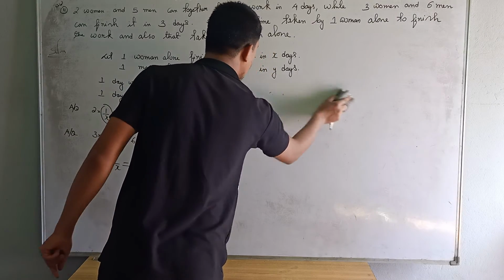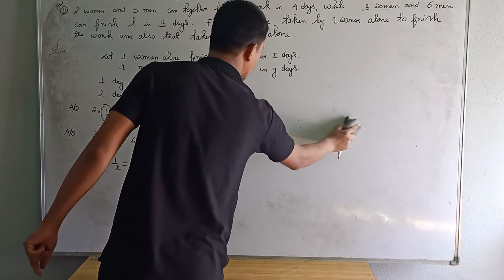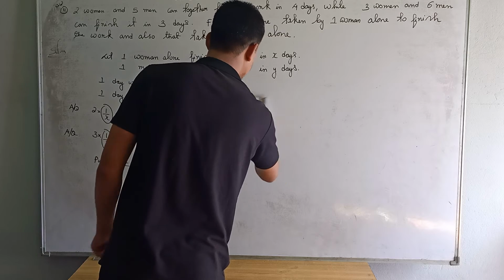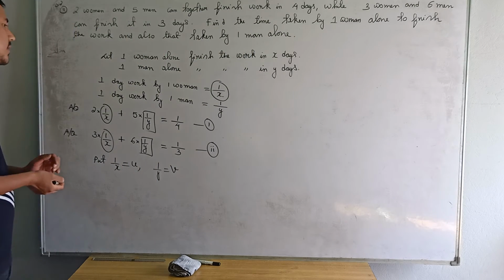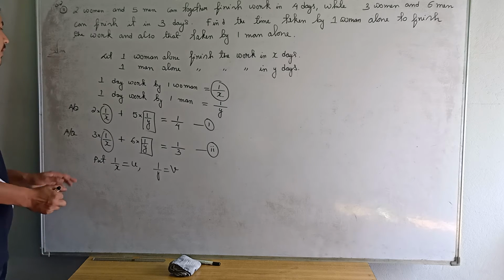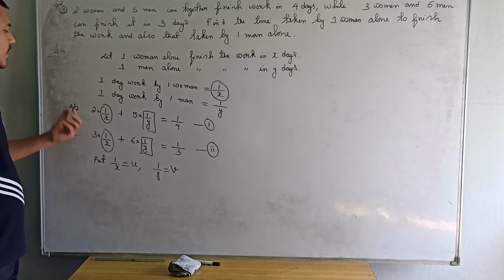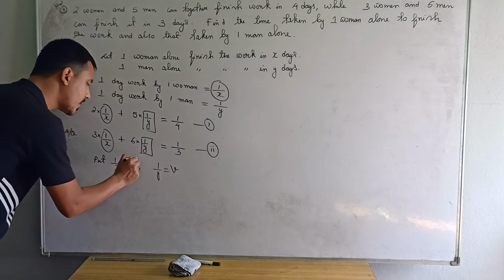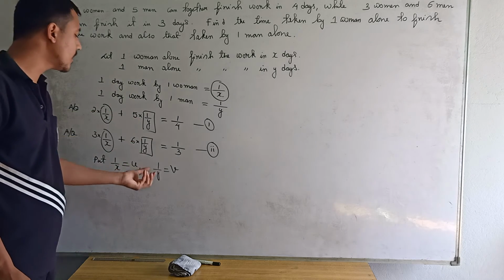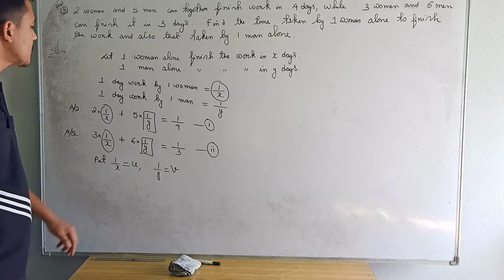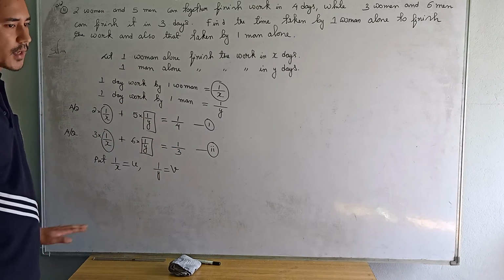So in order to solve this, the equations first have to be converted into linear. That is why we are replacing 1 by x by another variable u whose power is 1, and we are replacing 1 by y by another variable v whose power is 1, so that your equation becomes linear.